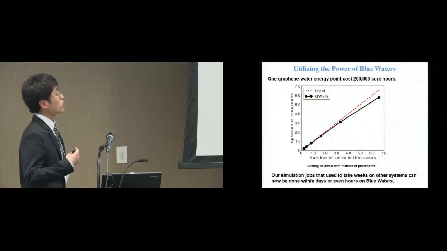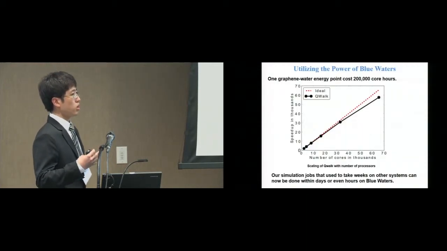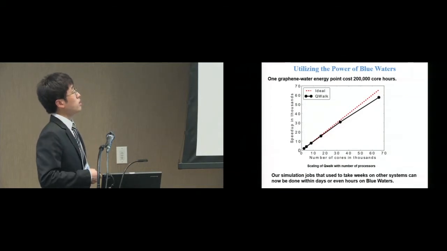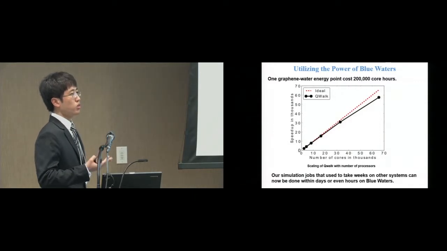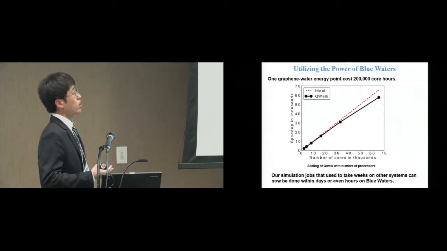Then we go up to graphene, and here is where we have to use Blue Waters, because, to give an example, one graphene-water energy data point costs 200K core hours, and this calculation is impossible without Blue Waters.